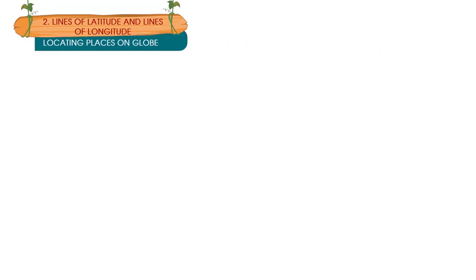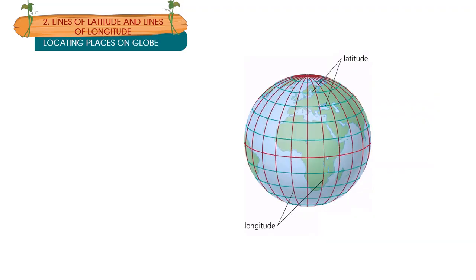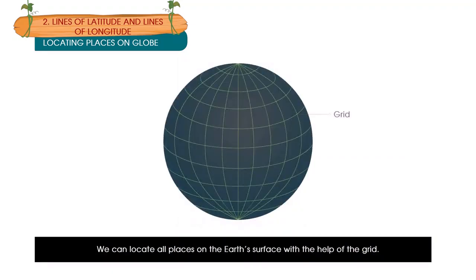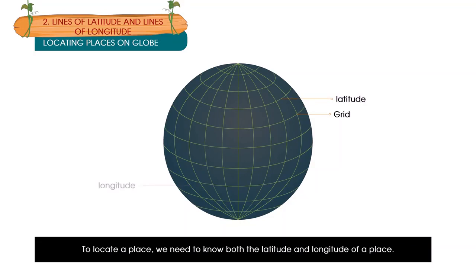Locating places on the globe. The network of lines of latitudes and longitudes on the globe is called the grid or the graticule. We can locate all places on the Earth's surface with the help of the grid. To locate a place, we need to know both the latitude and longitude of a place.